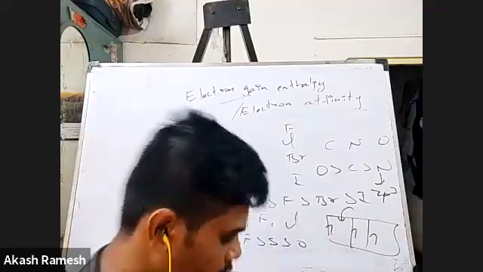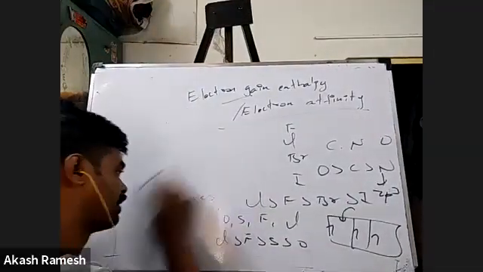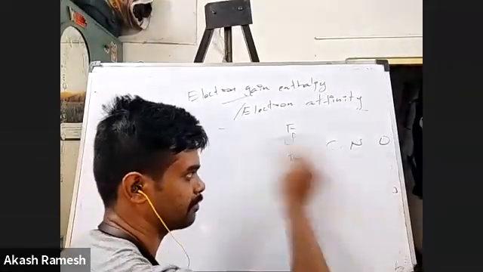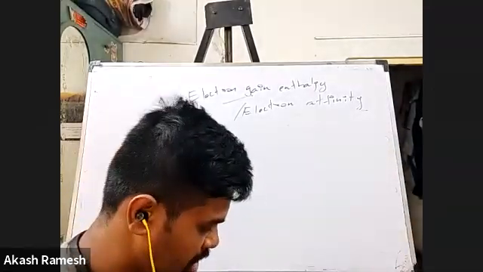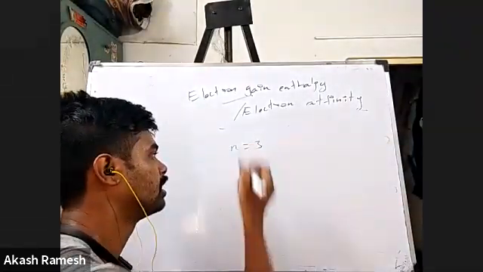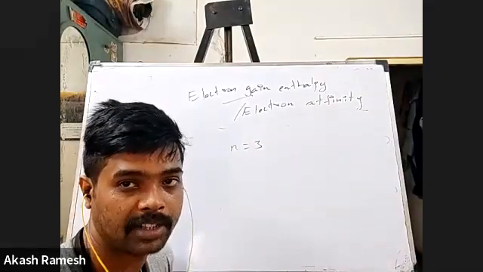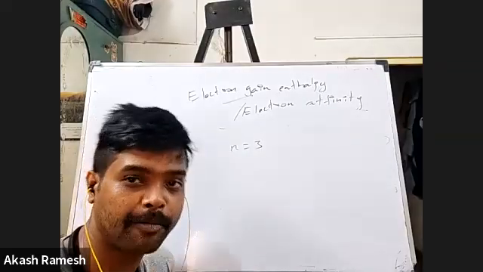How many subshells are associated with n equal to 3, and how many electrons would be present in the subshell having a spin of -1/2? Okay. Fine. Easy. We'll do it. So the first question is I have n equal to 3. They're asking how many electrons can be placed with a spin of -1/2.